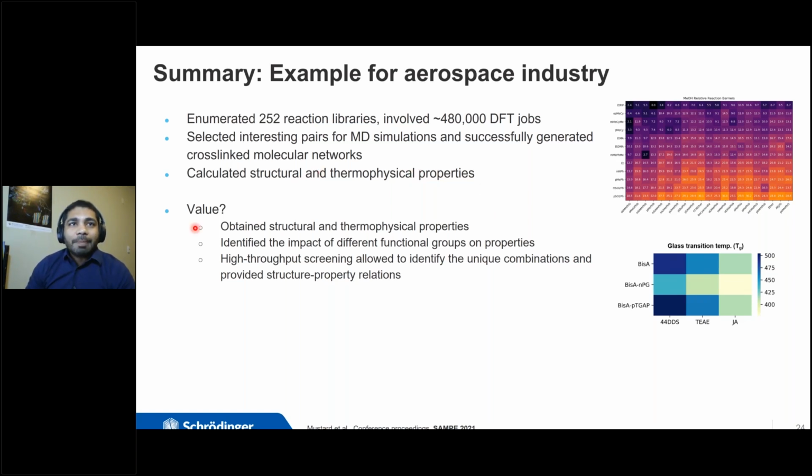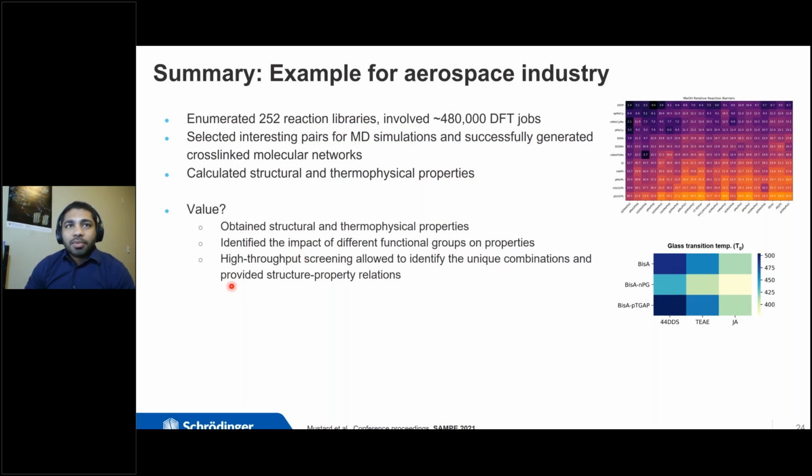In terms of immediate value, we got these structural and thermophysical properties for the systems and were able to quickly pick the most interesting or most appropriate one for a specific application. In the near term, because of this systematic study, we now have a better understanding of how different functional groups are impacting the properties of interest, so we are able to learn more and more from this, and should be able to better understand which functional groups to use.